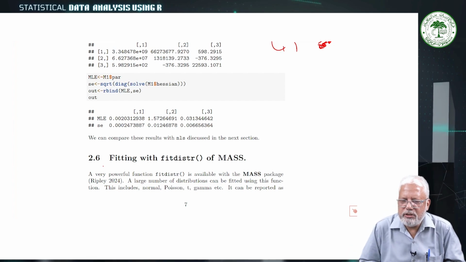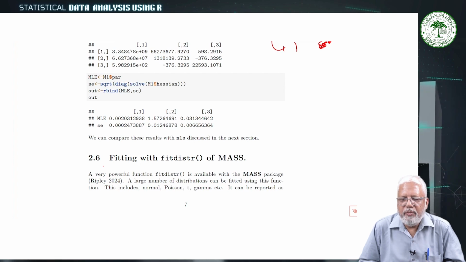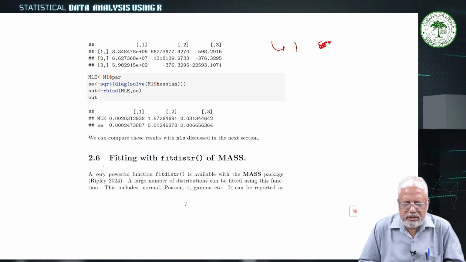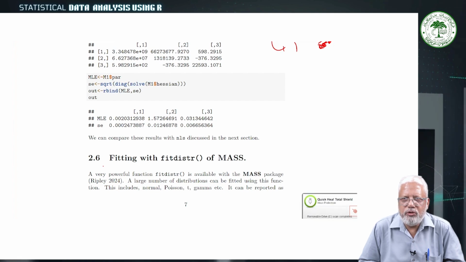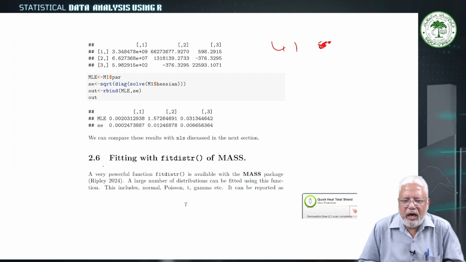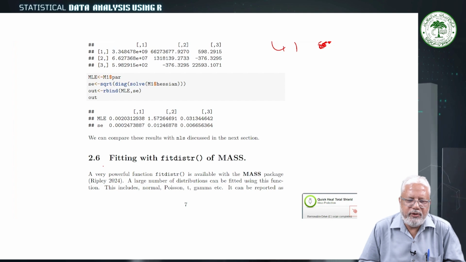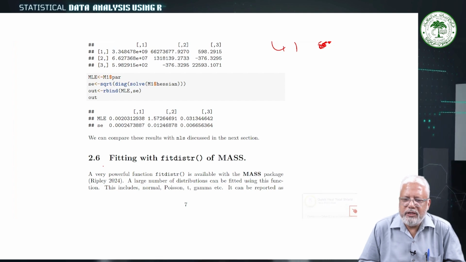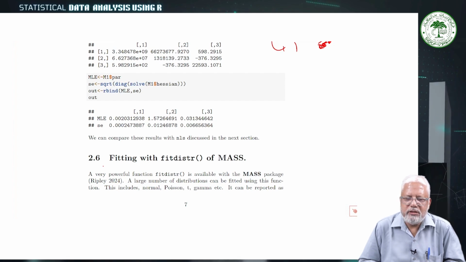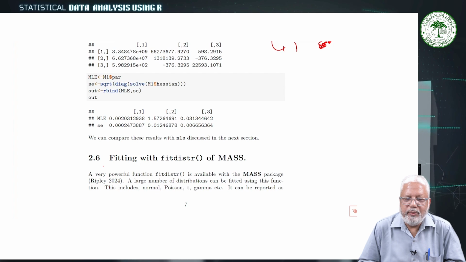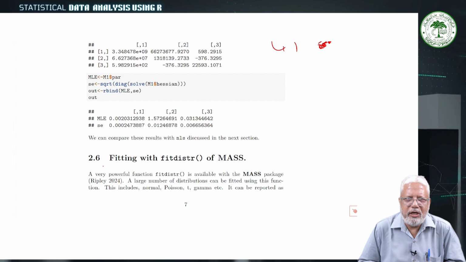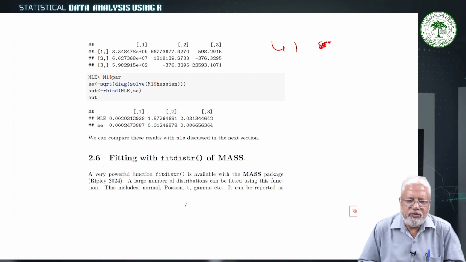MASS stands for Modern Applied Statistics with S-PLUS, and its 4th version, which was published in 2002, contains R commands also. Earlier it was developed for S-PLUS. It is among the recommended core packages: when you download base R, around 25 packages are downloaded automatically, and MASS is one among them.